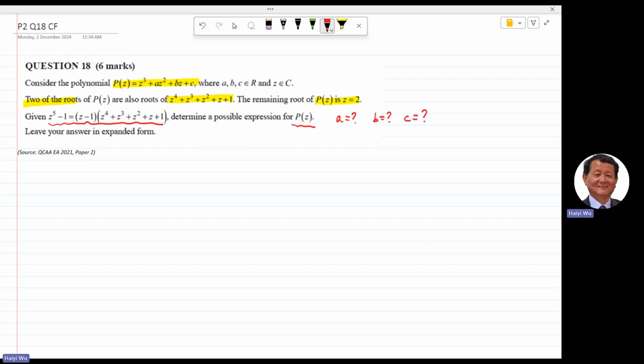All right, so let's use the theory of the roots. First condition: z equal to 2 is a root of P(z).